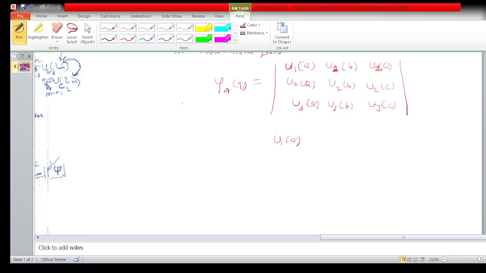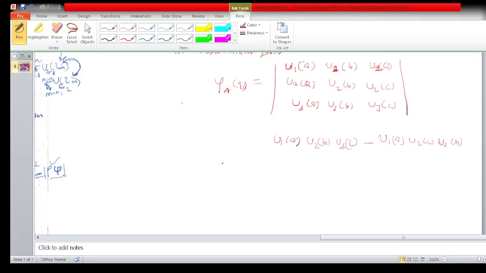Multiplied with this, if you take the cross multiplication, then you will be getting u2b times u3c, u2b u3c minus u1 of A, U2 of C, U3 of... Right? Same expression you can find in that previous example. And if you take all those multiplications, then you will get all those values.